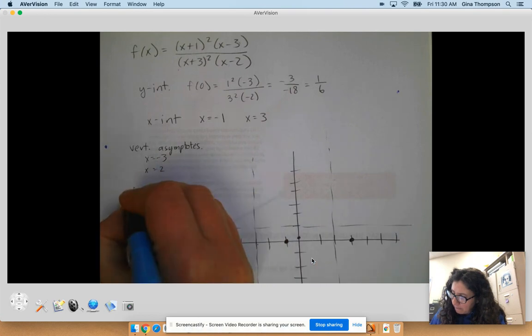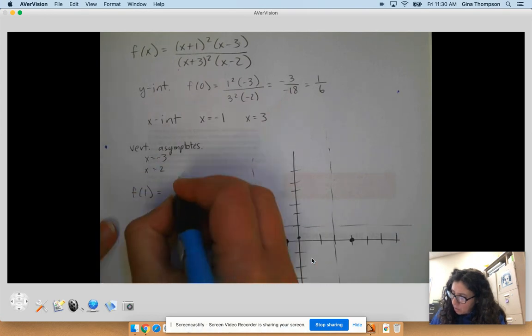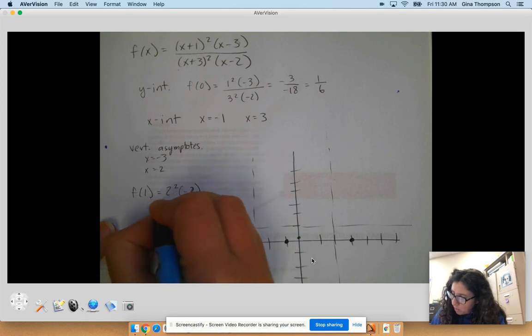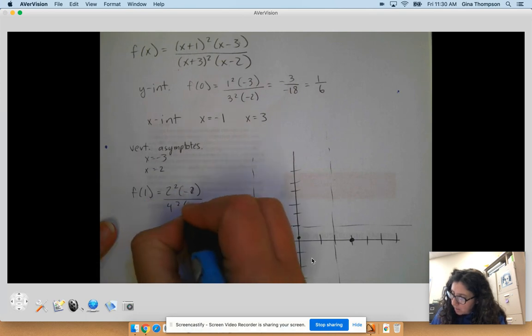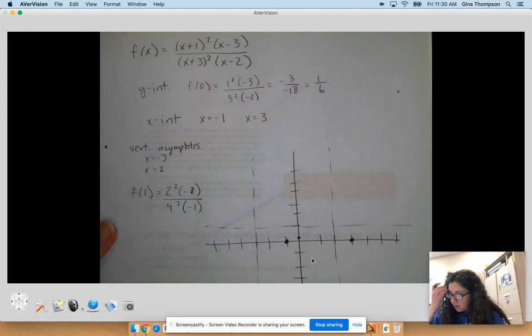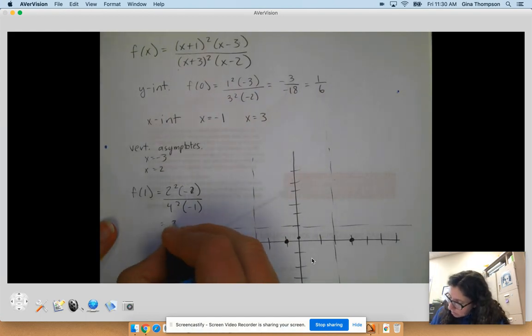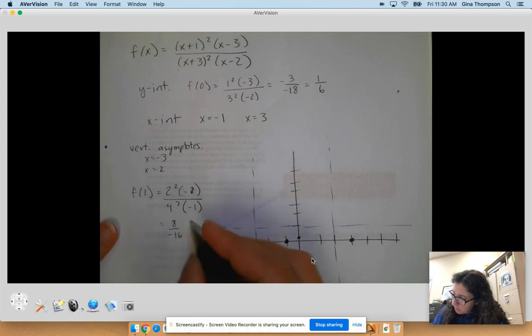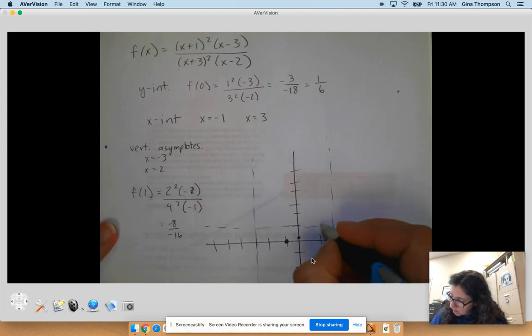What's f of 1? It's going to be 2 squared times negative 2 over 4 squared times negative 1. So what's that going to be? 8 over negative 16, or negative 8 over negative 16. So this is going to be at like a half.